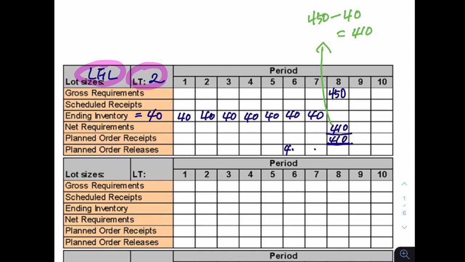So here you place an order of 410. Finally, the ending inventory: you consider the 410 you received, and you are going to use 410. Therefore, 0 amount is left, and we will keep this 0 until the end of the period. We are done with Z.